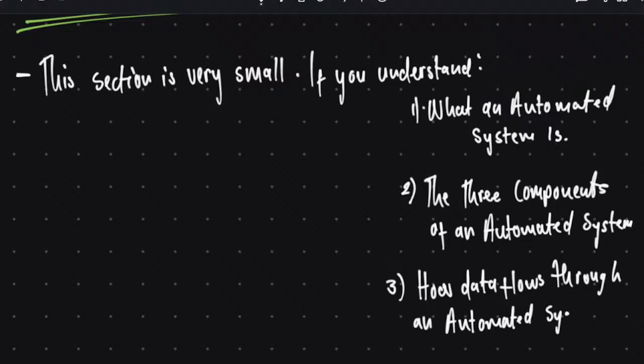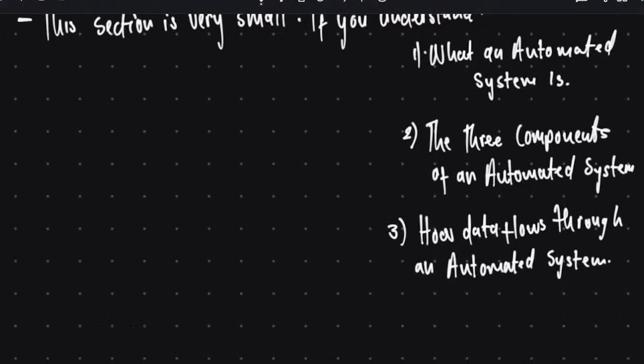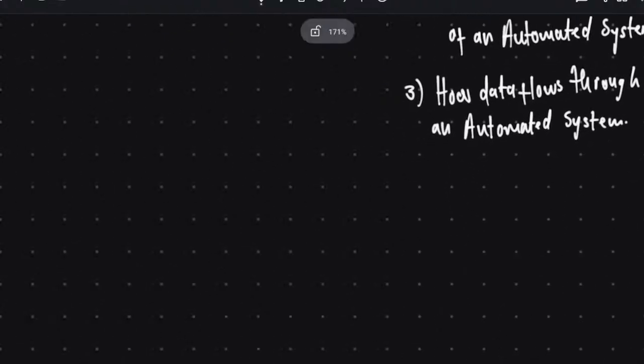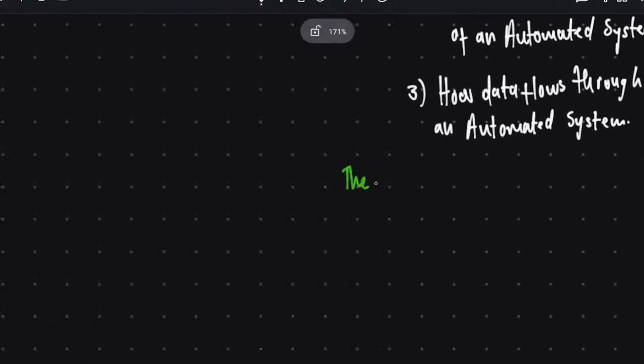If you know these three, then you have actually mastered the chapter. Okay? If you understand these three, then I'm writing number two.